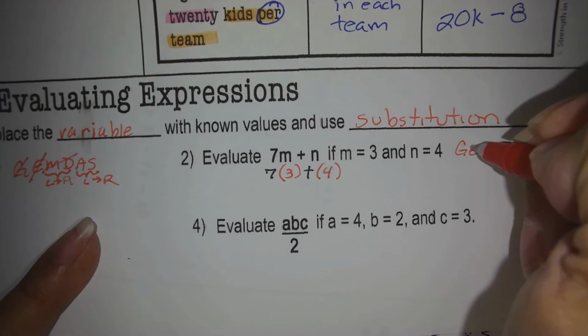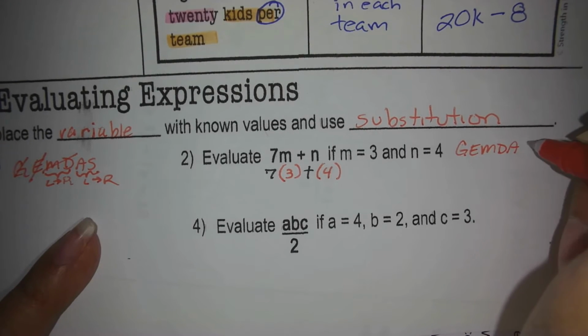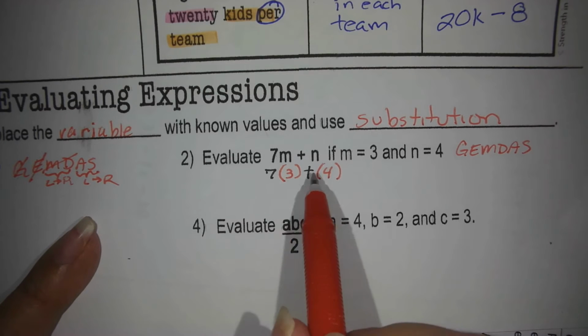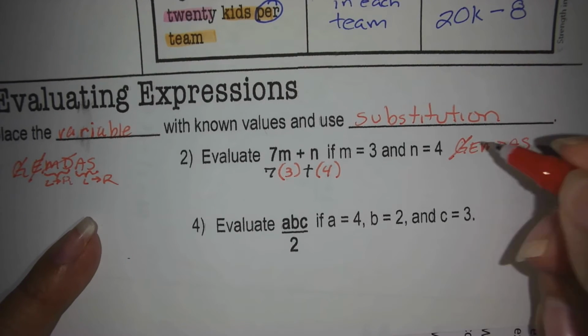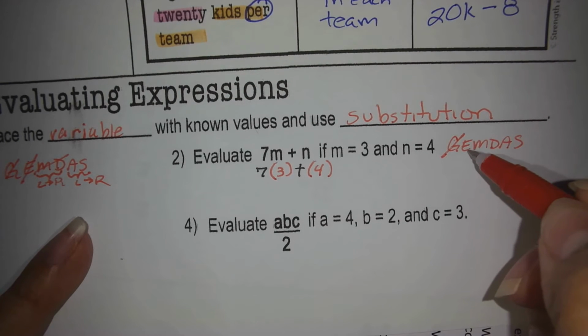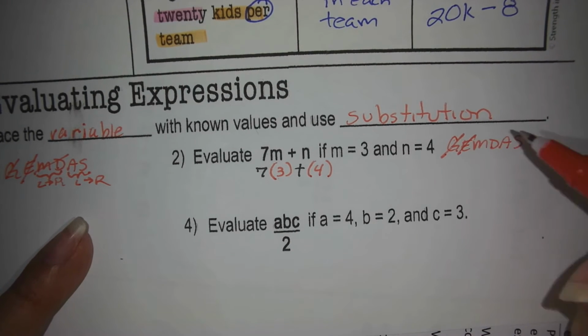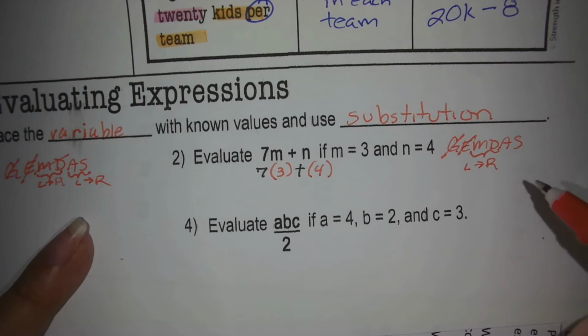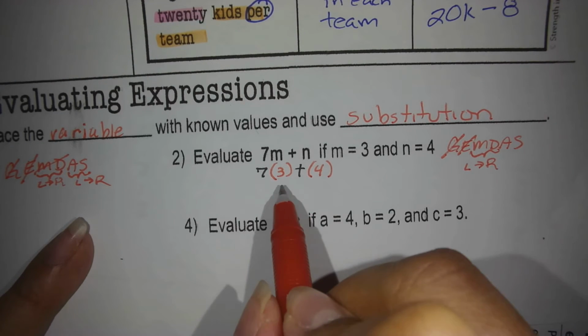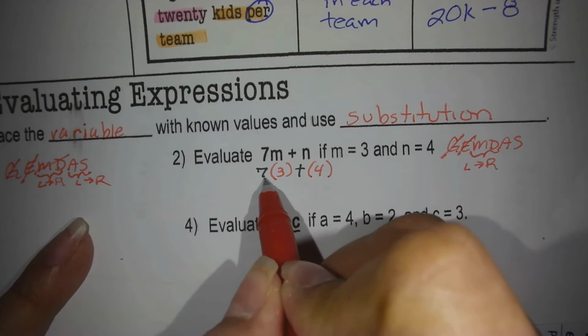Don't forget, we're doing GEMDAS. Are there any groupings? Yes, there are. Are there operations inside? No, there are not. So we don't need to worry about G. Any exponents? No. Multiplication and division, remember, it's from left to right. Yes, right here we have this multiplication.